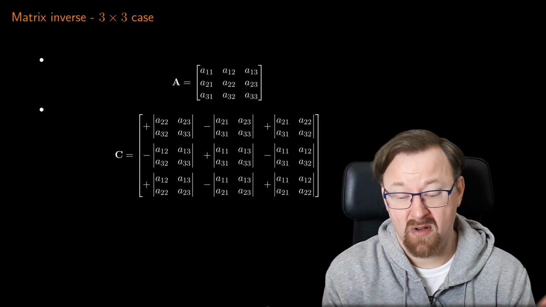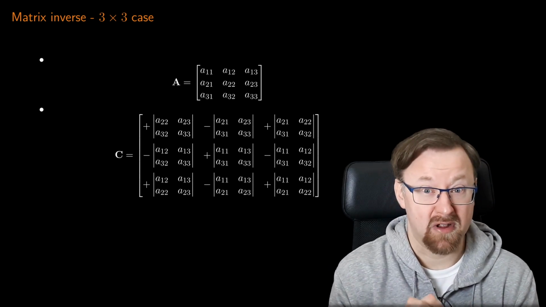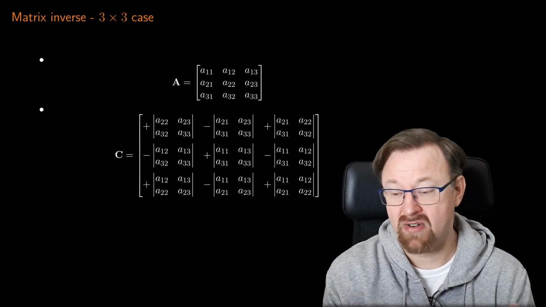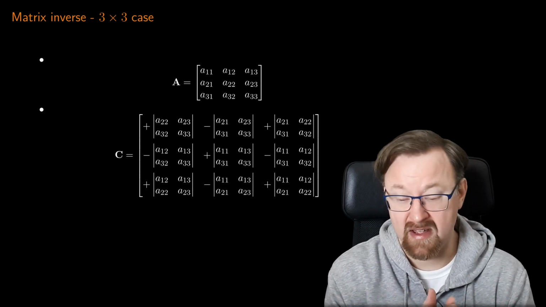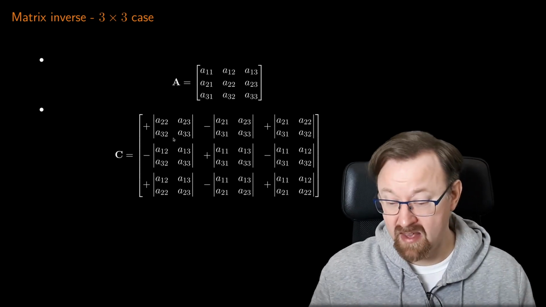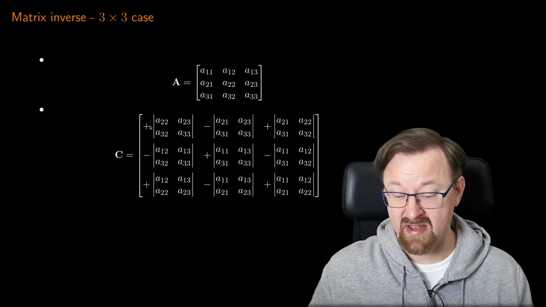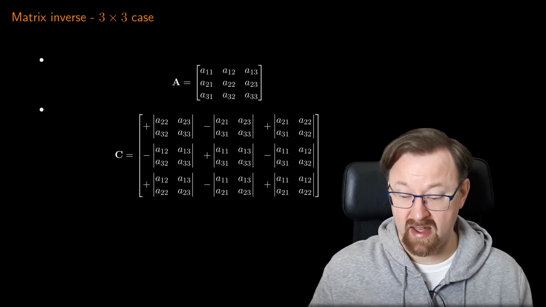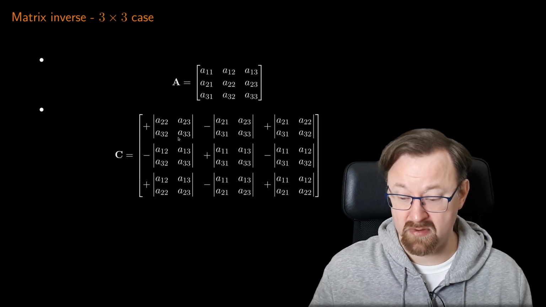What we need to do is, of course, be able to calculate the cofactor matrix, or the adjunct matrix C, and given a matrix A with elements A11 through to A33, then the matrix C is given by what you can see here. So the first element of C is simply plus the determinant of A22, A23, A32, and A33.